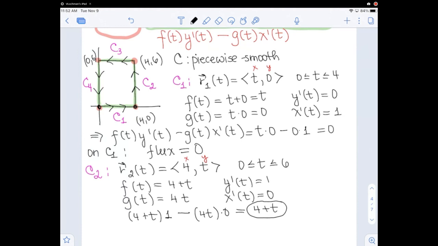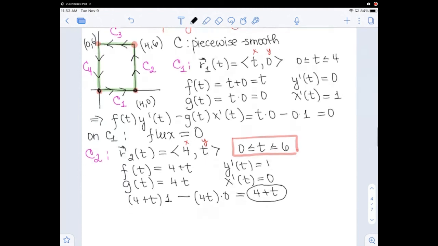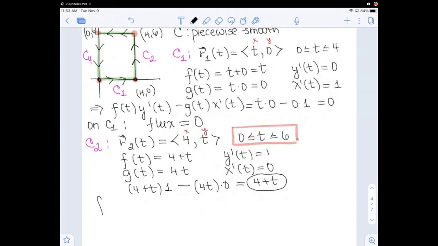Integrate over what? You go back and ask what my parameter is doing here. It's going from 0 to 6. So we're integrating from 0 to 6 this function, 4 plus t dt, not a difficult computation.